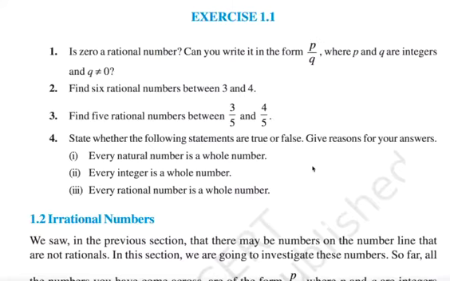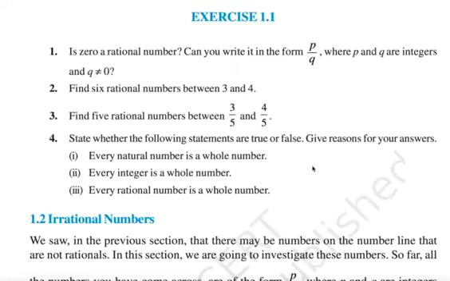Find 6 rational numbers between 3 and 4. Which method do you want to use? The second method. They asked for 6 rational numbers, so 6 plus 1, that is 7, must be your denominator. 3 can be expressed with denominator 7 as 21 by 7, and 4 is 28 by 7.